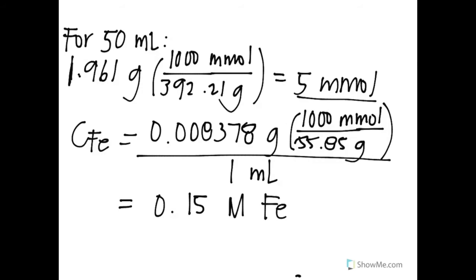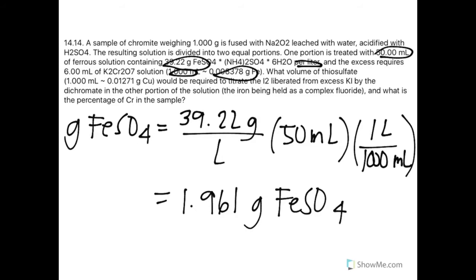Next is to get the millimoles of the FeSO4. To get this, we use the given number of ml or the volume.